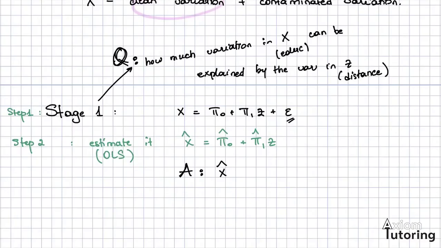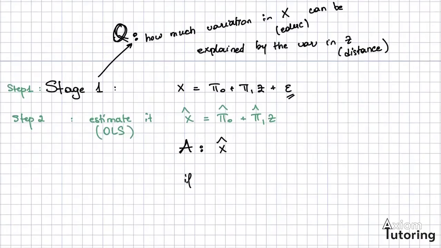And if Z satisfies the exclusion restriction, if Z is uncorrelated with the error term, then X hat is also uncorrelated with the error term, okay? So if, let's say, the covariance between Z and the initial error term is equal to 0, that means that the covariance of X hat and the U is also equal to 0. Okay, so the contaminated variation has now been filtered out.